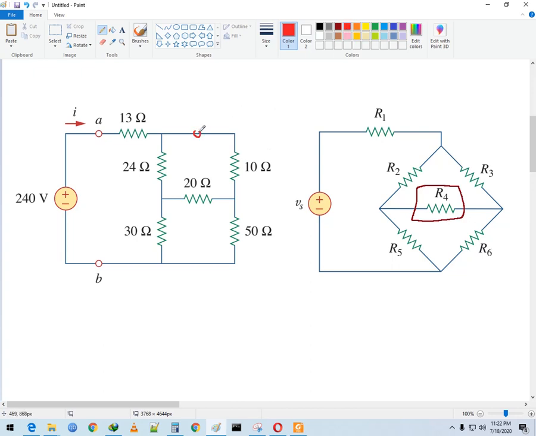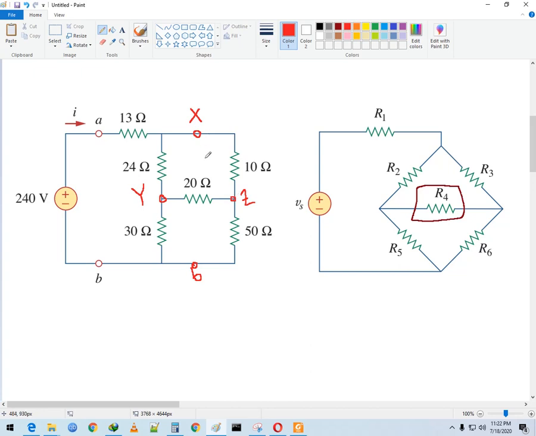For example, this is node X. You can call this node Y. You can call this node Z, and obviously this is the same node, so this is still node B. Node means connected points.